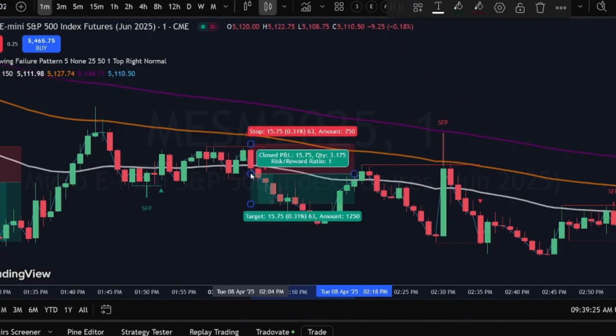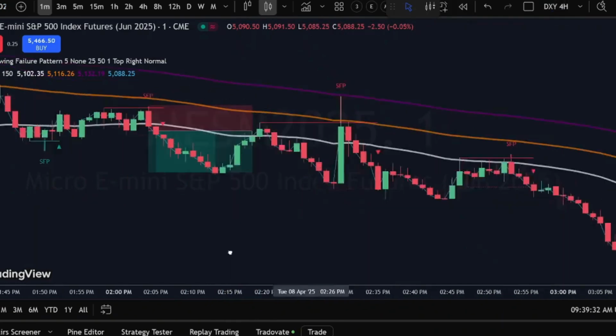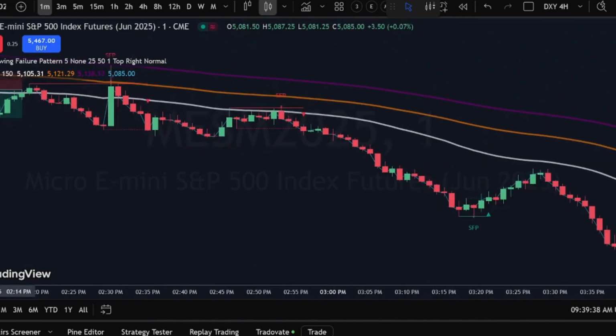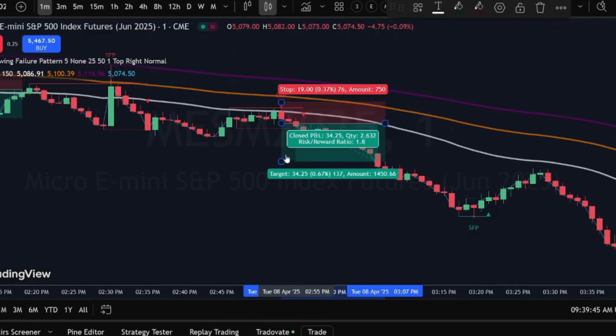Very nice. Great signal bar there. Another 1.5. Wouldn't have taken that one, that's too big. Here's another one here. It's a really good day for these. 1.2.